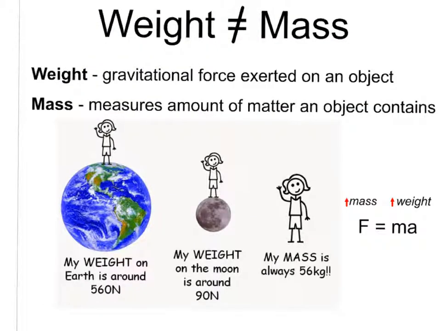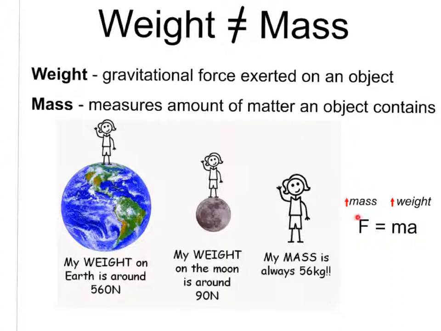So it's important to remember that weight is not the same thing as mass. Weight is actually a measure of the gravitational force exerted on an object. So when you stand on that scale, you are measuring the force of gravity that is being exerted on you. Mass is something very different. Mass measures the amount of matter contained in an object.